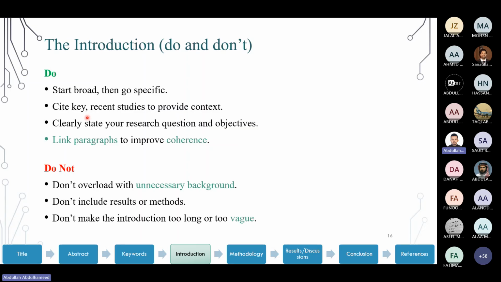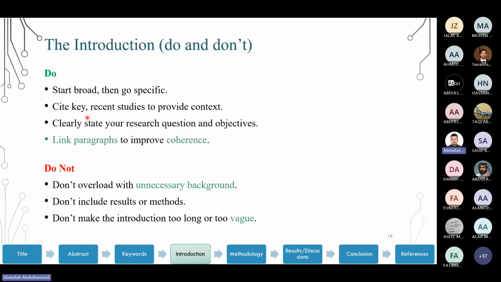For example, you talk about solar energy, then at the end of the paragraph, you mention that one of the important aspects of solar panels is having a good active layer. And then in the next paragraph, which is more specific, you will only focus on the active layer. So if you have 5 paragraphs, please try to make them linked to each other so that it becomes like a story.